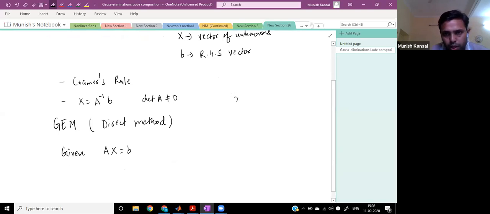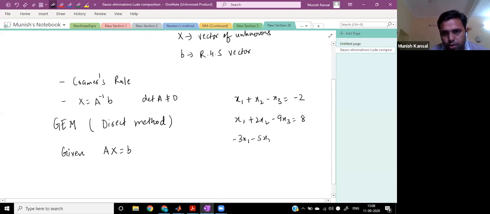Let us suppose you are given this kind of system of equations, say x1 plus x2 minus x3 is equal to minus 2. Then x1 plus 2x2 minus 9x3 is equal to 8. Then minus 3x1 minus 5x2 plus 7x3 is equal to 11, right?